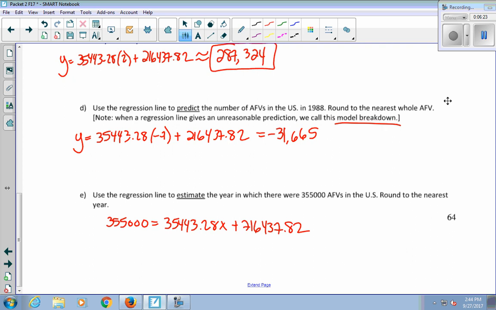Then I'm going to divide by 35,443.28. And I get x is approximately 3.9. So it's 3.9 years after 1995. 1995 plus 3 would be 1998, so almost 1999, at the end of 1998.